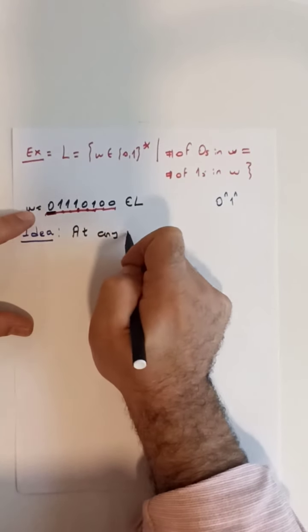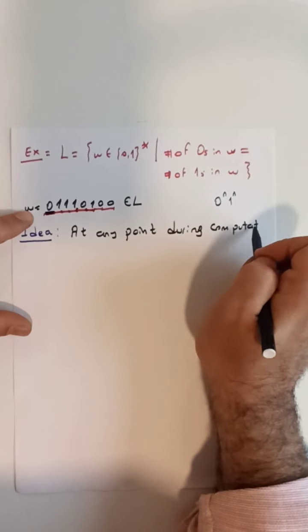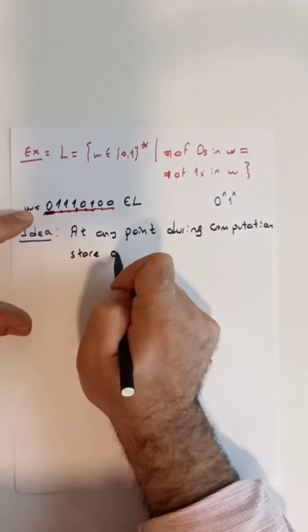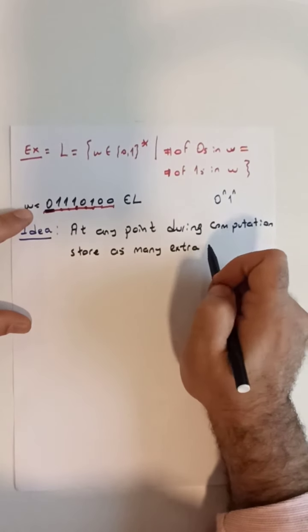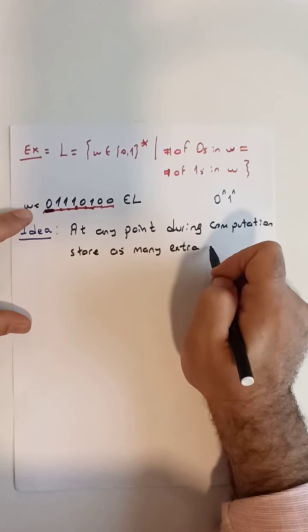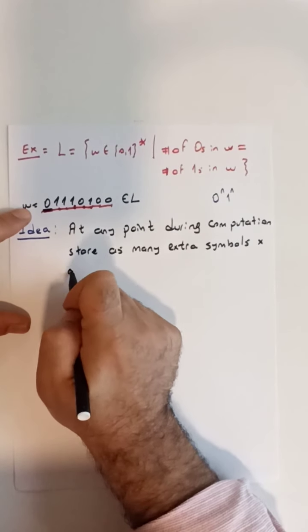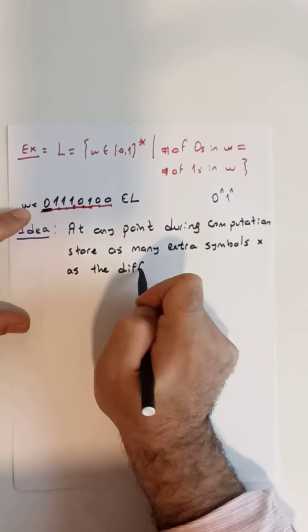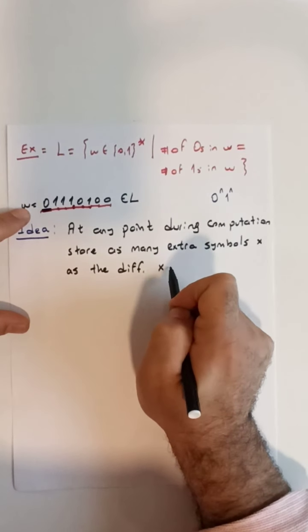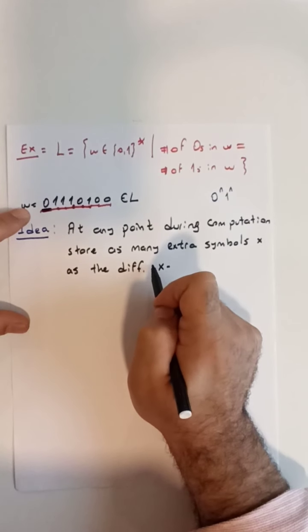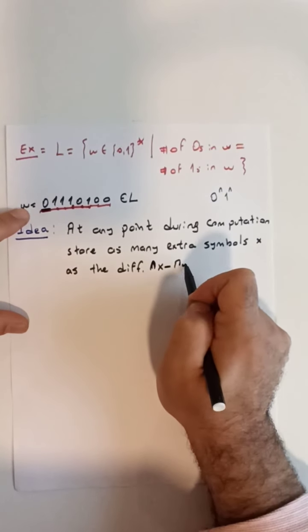At any point during the computation, store as many extra symbols x as the difference of the number of x's that we have seen so far, let's denote it with nx, and the number of the other type of symbol y, with ny.